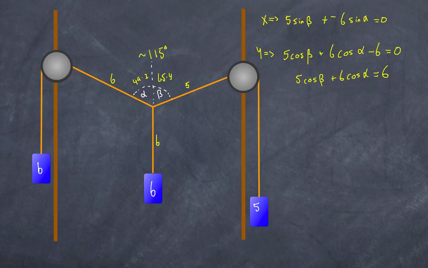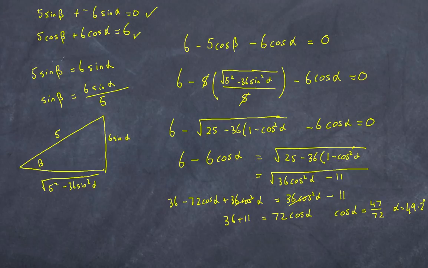If we check our answers from before, that was alpha over here. All I now need to do is substitute that into one of these equations, and I'm going to choose this equation. So 5 multiplied by the cosine of beta plus 6 multiplied by the cosine of alpha, which we already know is equal to 47 over 72, so we don't need to actually substitute it in, is going to equal 6.